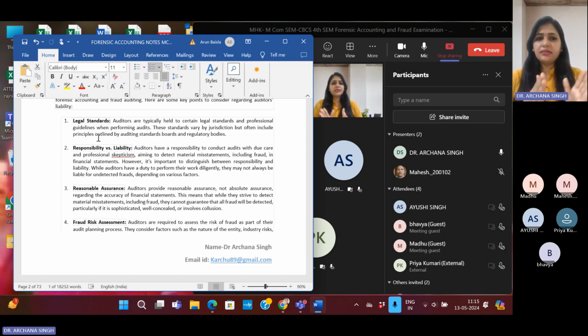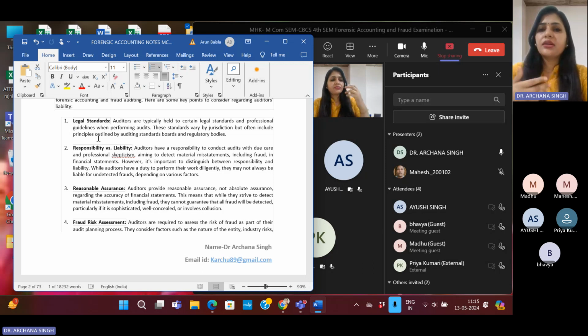Means auditor has a responsibility to conduct the audit with due care and professional skepticism while aiming to detect the material misstatements, which includes frauds. Financial statements में frauds हो सकता है. It may include the frauds in financial statements. Here skepticism means doubtful activities. Okay, so what is the responsibility of auditor?